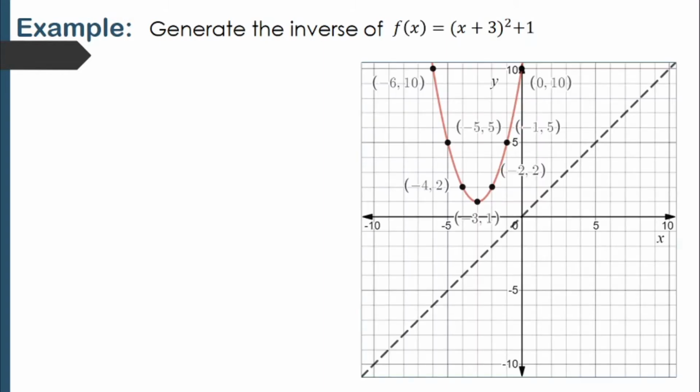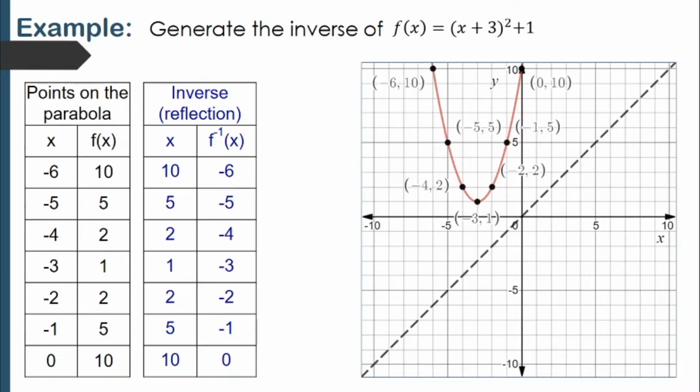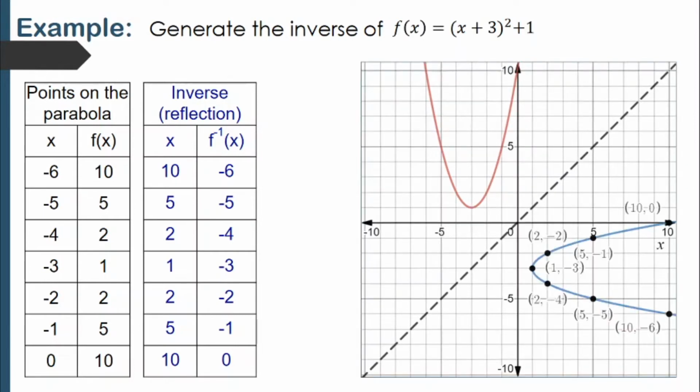Those points that we picked, we can put them into a table. Then we can switch the x and the y values of the table to generate the inverse. After you switch the x and the y, you can then plot the switched x and y coordinate points back on the graph and join them together, and that will be your inverse.